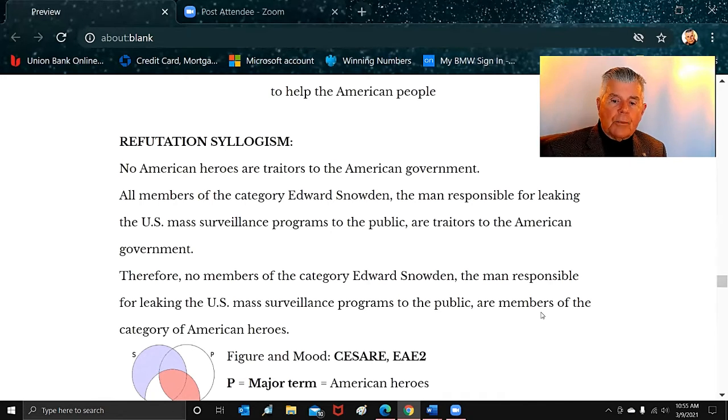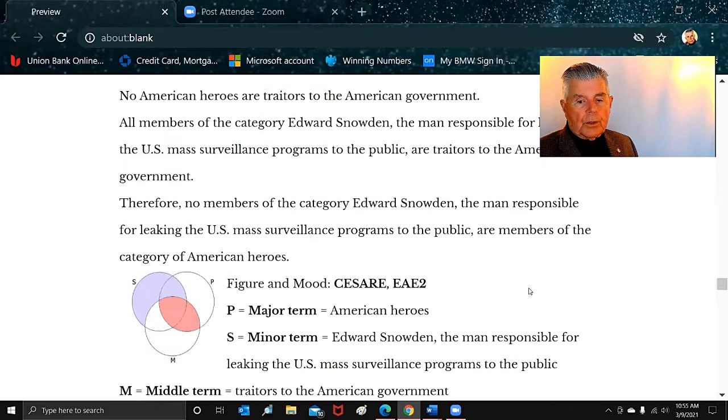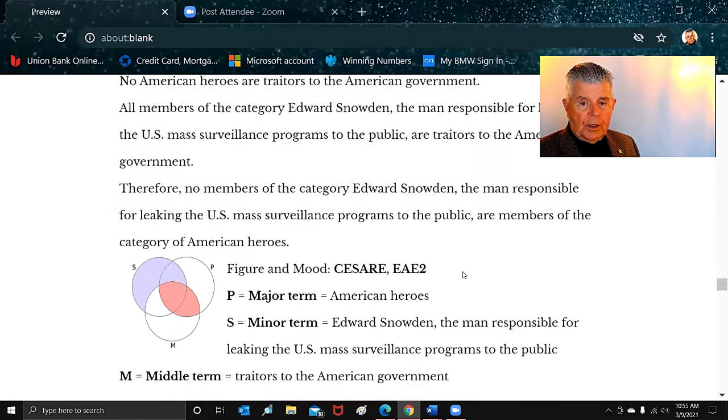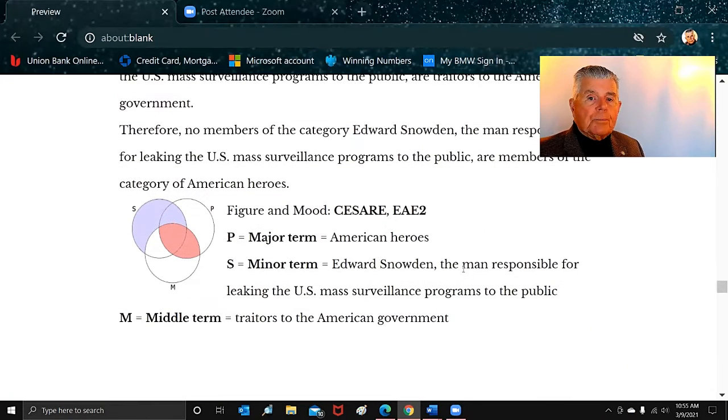Therefore, no members of the category Edward Snowden, the man responsible for leaking U.S. mass surveillance programs to the public, are members of the category American heroes. Okay? So this is a form that we did not study. It's one of the 15 forms. It's a Cesare, but she used it, and very effectively. So there she has completed the assignment that I want you to do for yourself.